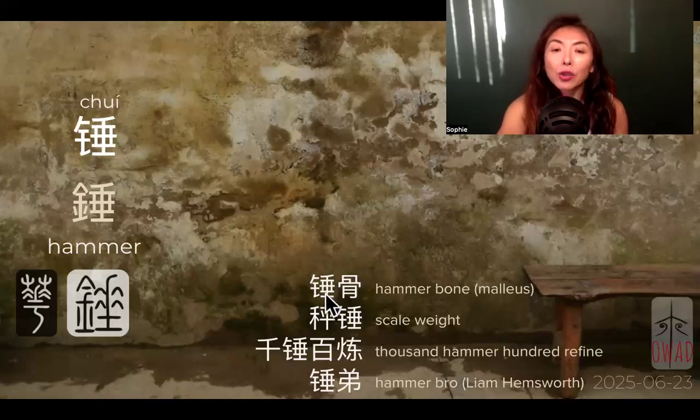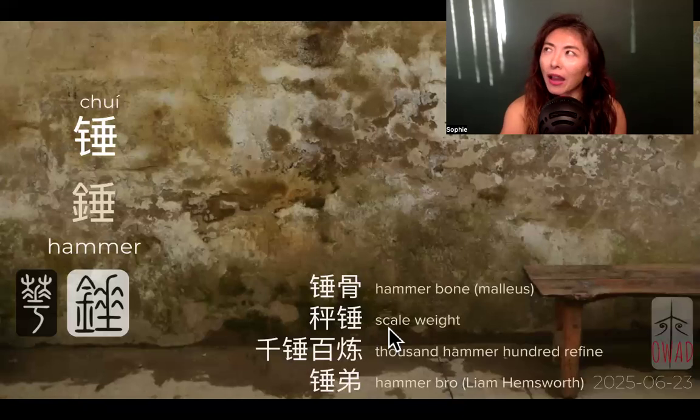Okay, 锤骨, is a Chinese medical term, actually. It's the translation of malleus, which is one of the three little, super sensitive bones in our ear, and we translate it as hammer bone, 锤骨. 秤锤, 秤 is scale.